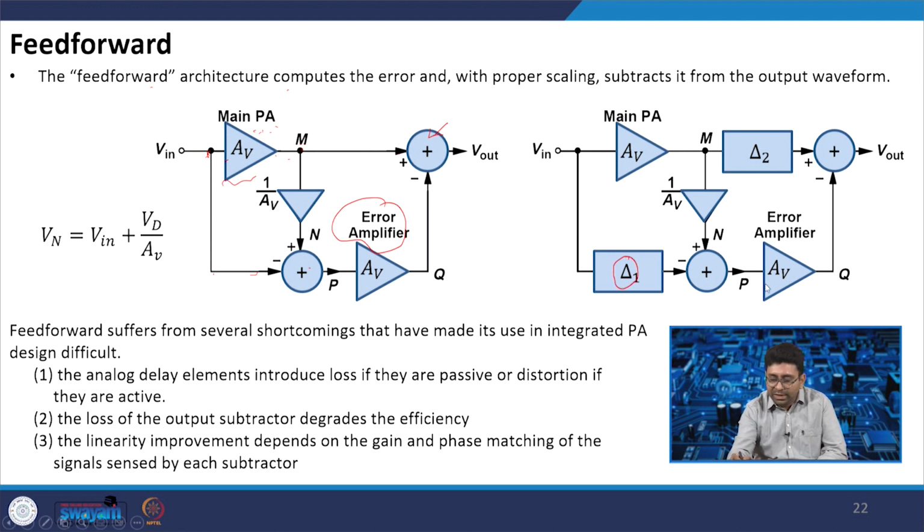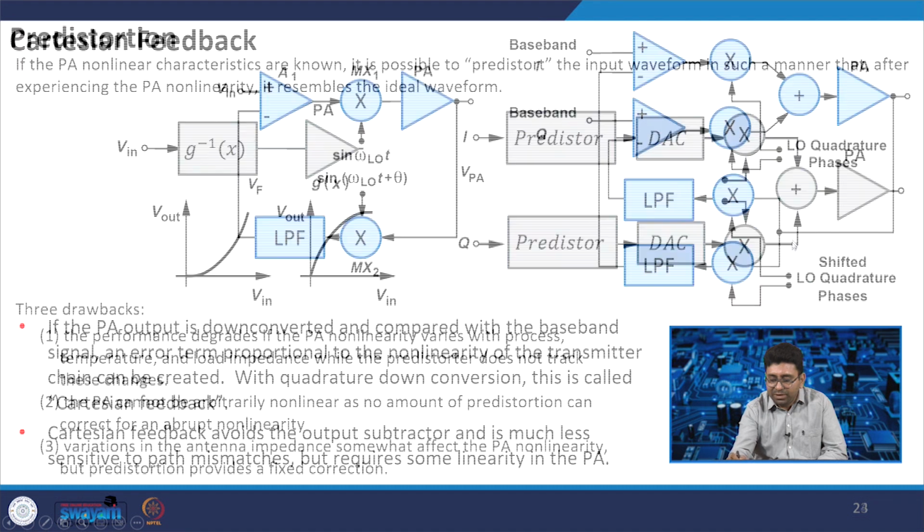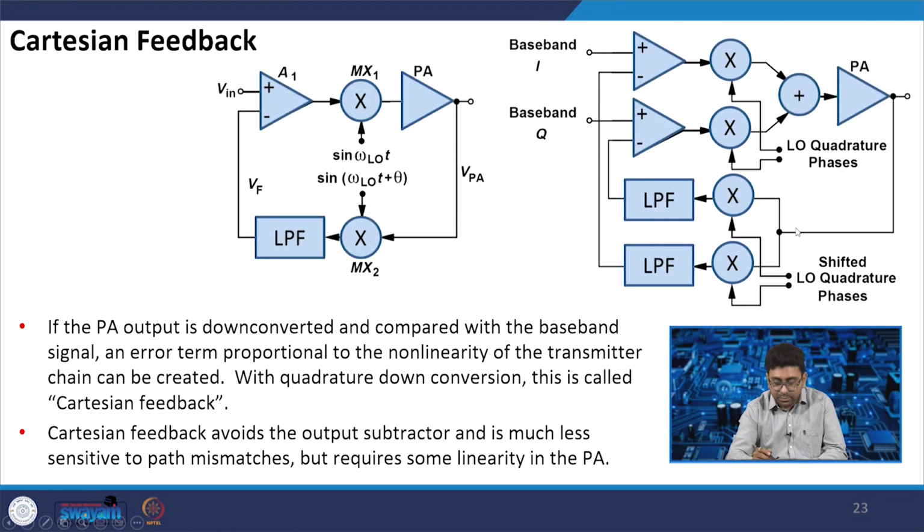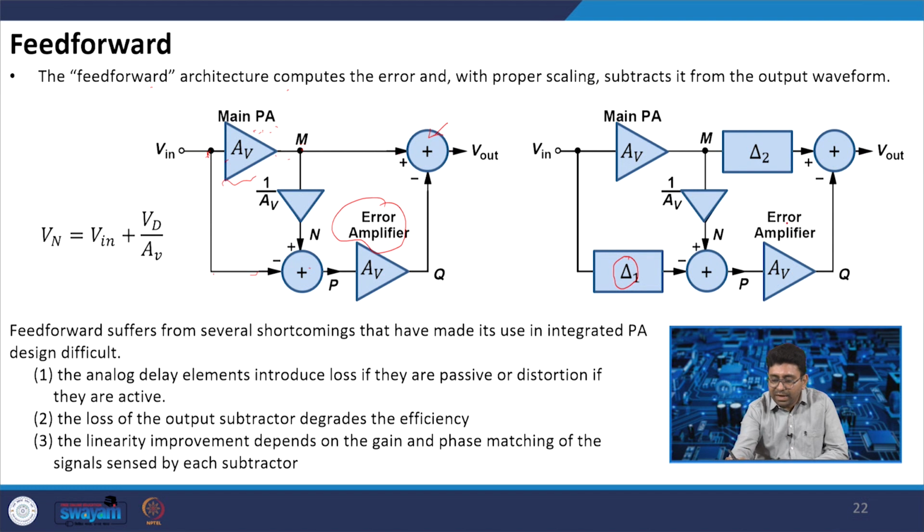There is also a delay when we use the error amplifier, and that error amplifier delay also needs to be incorporated here, delta 2.